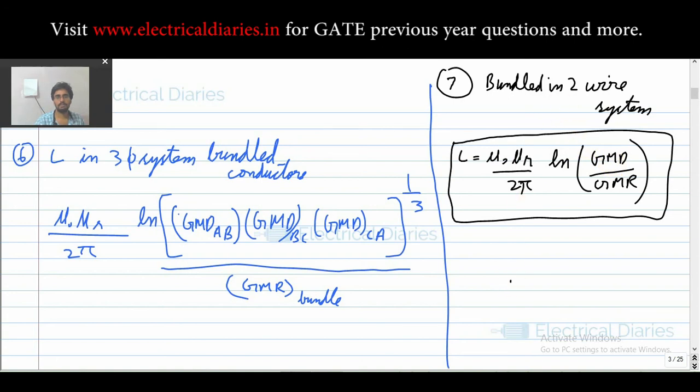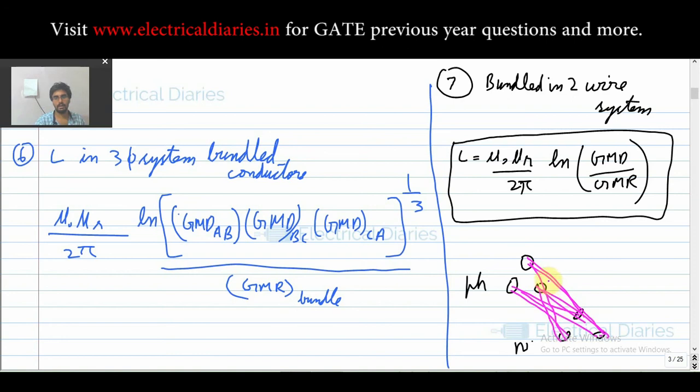Bundle in two-wire means there will be one phase and one ground or neutral. Let me say there are three conductors for a phase and three conductors for your return path, that is your neutral wire, N. How will you calculate the GMD? I have told you, measure these distances, then again measure these distances, then again measure these distances.